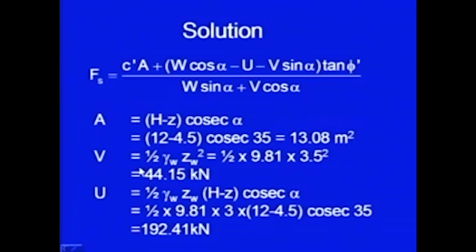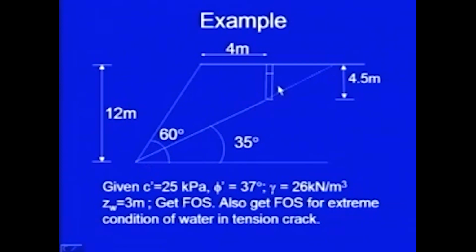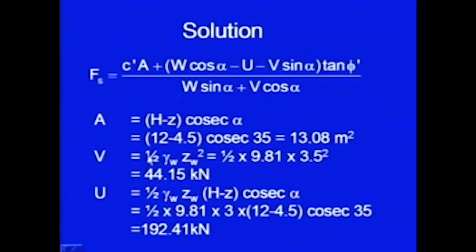Then pressure V is acting here. So, it will be half into gamma into ZW square. So, half gamma W is 9.81 and ZW square. So, this is equal to this much, and another pressure U, half gamma W ZW into H minus Z cosec alpha.